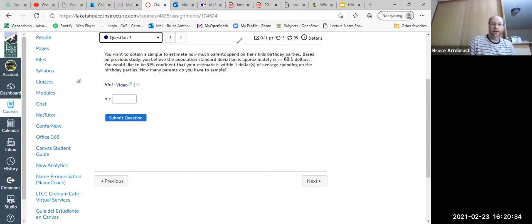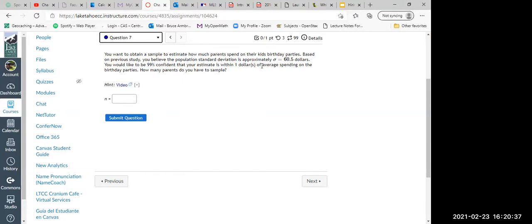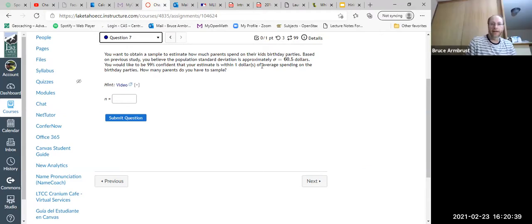And this one, it says here, we want to estimate dollar of average spending. So unfortunately, or fortunately, this is more real world, where we're not necessarily told specifically, hey, test proportions or test means. We have to be able to determine it, but the wording will always tell you.